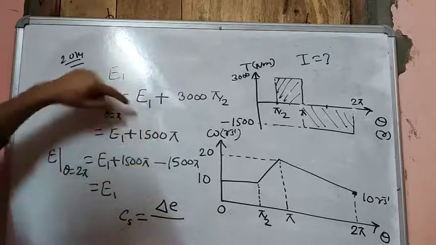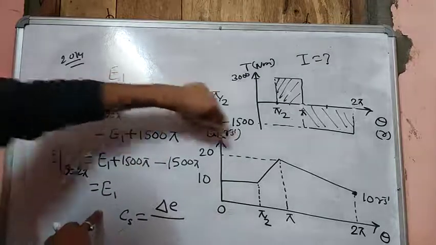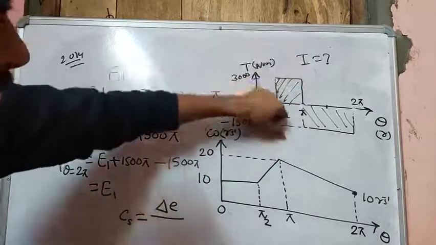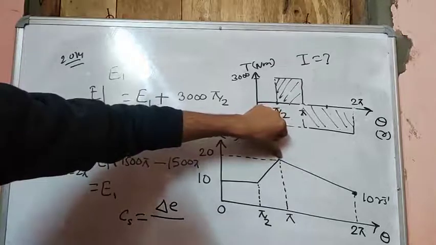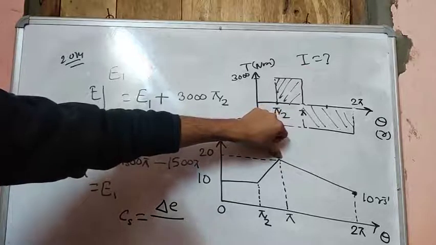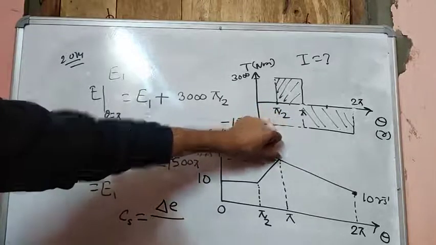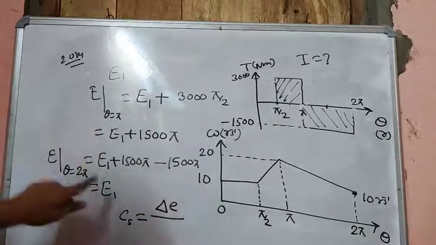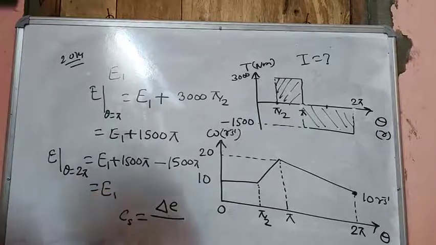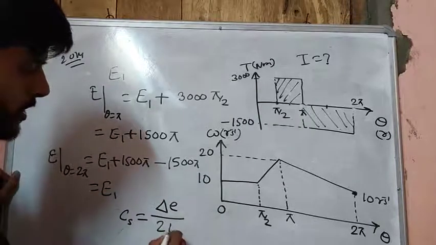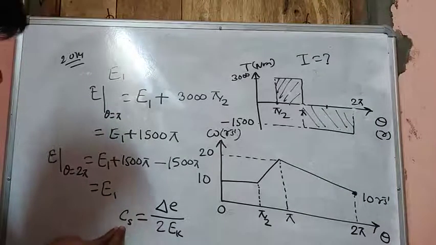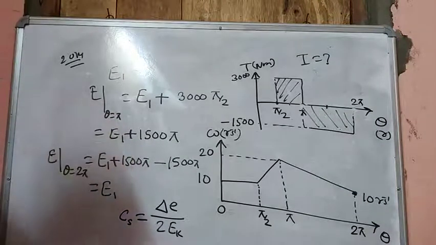So the maximum fluctuation is 1500 pi when the angular velocity is maximum. At the end of this power stroke, the angular velocity is maximum. And at the beginning of the power stroke, the energy was E1. So the maximum fluctuation of energy is 1500 pi, divided by 2 times Ek. So we have to find this Cs first.